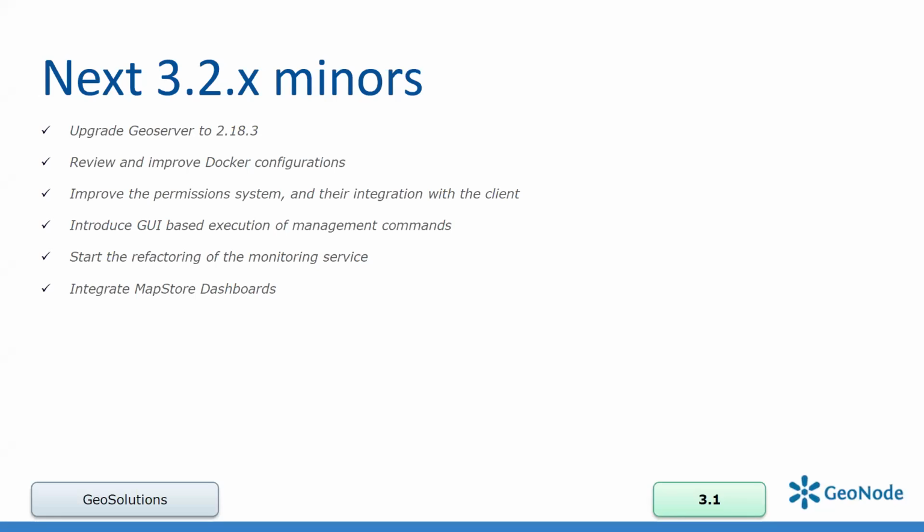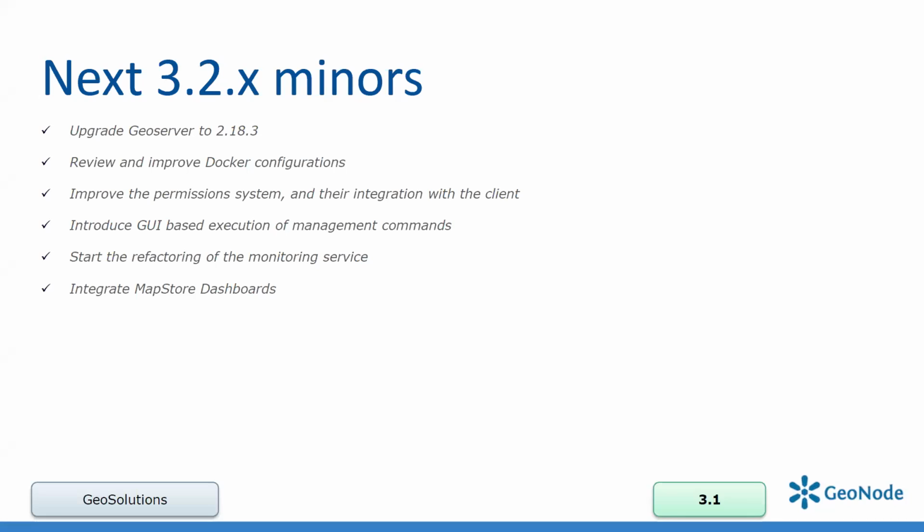We want to improve the permission system. There are already some pending pull requests where we want to make it more granular, so go beyond the role-based approach that currently GeoNode has. Probably it will remain for the administrators, but we want more fine-grained control on the actual permissions, also managing them dynamically.